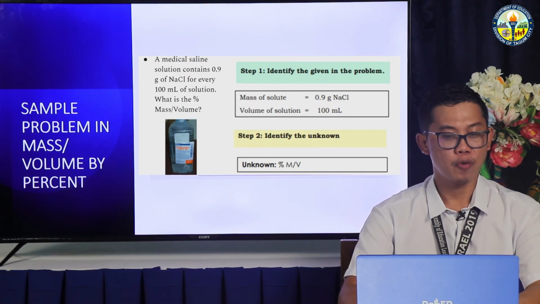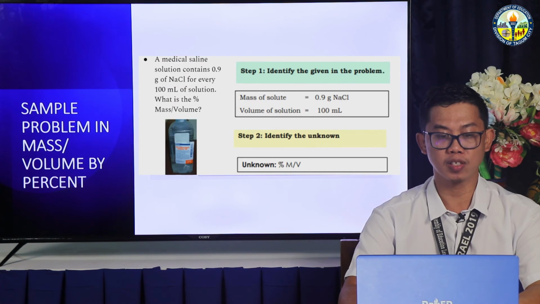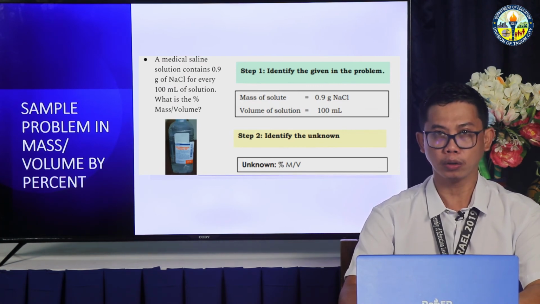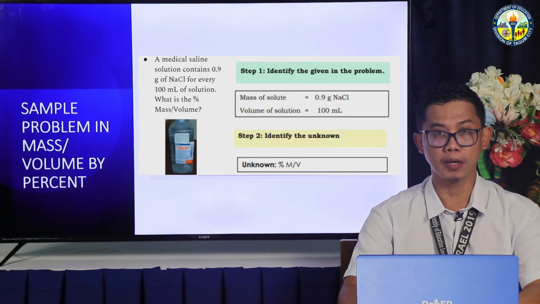Step 3. Write the formula to find the percent by mass per volume, which is equal to the mass of solute divided by volume of solution multiplied by 100%. And then, step 4. Substitute the given values in the formula.